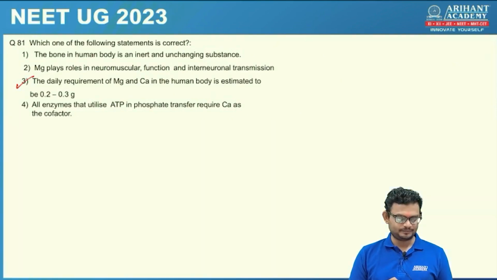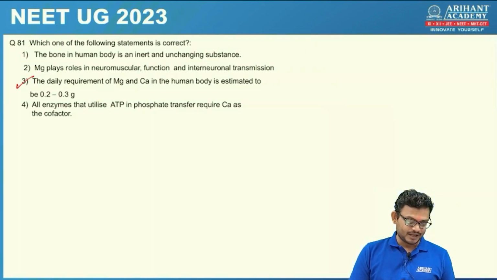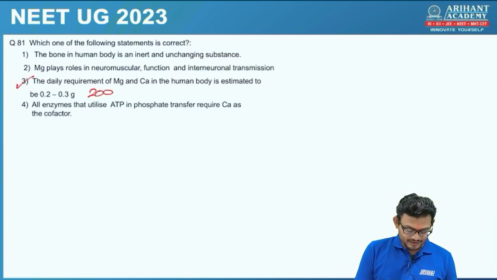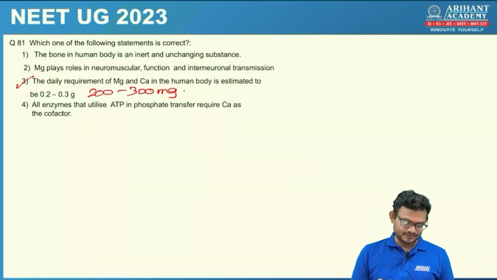Definitely that is also wrong. The correct option here would be option C. The daily requirement of magnesium and calcium in the body is estimated to be 0.2 to 0.3 grams. In NCERT they have given it as 200 to 300 milligrams. Just that small difference. And option 4 definitely is a wrong one. Again the correct thing would be magnesium. So the correct option here is the 3rd. Let's move to the next one.